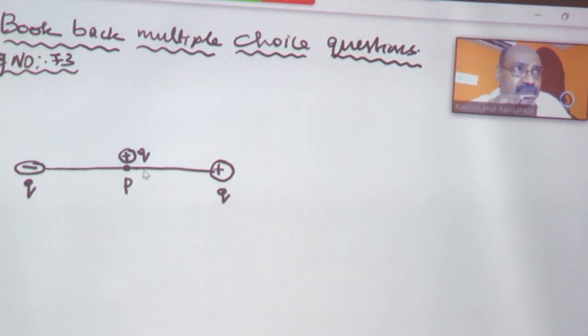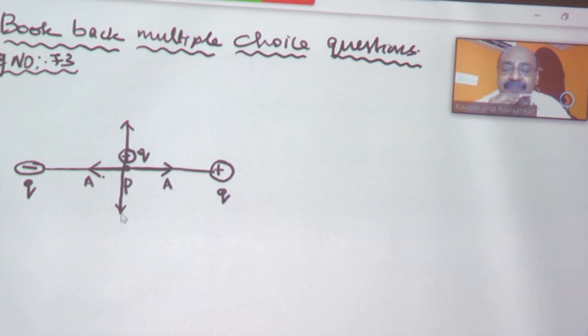Two arrows are along the axial line, one here and another drawn here. And two more arrows are drawn on the equatorial line, one here, another one here. Along the axial line, the points are given as A. Along the equatorial line, the points are given as B.